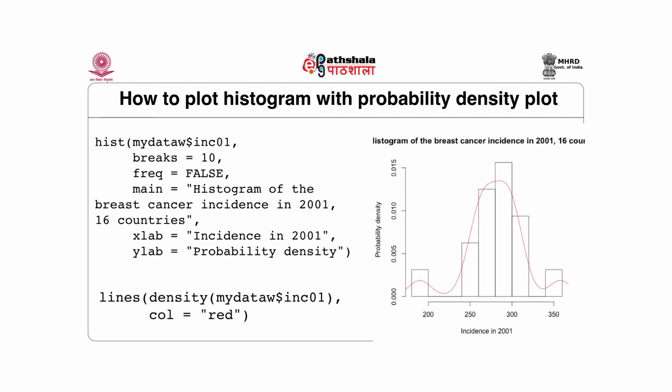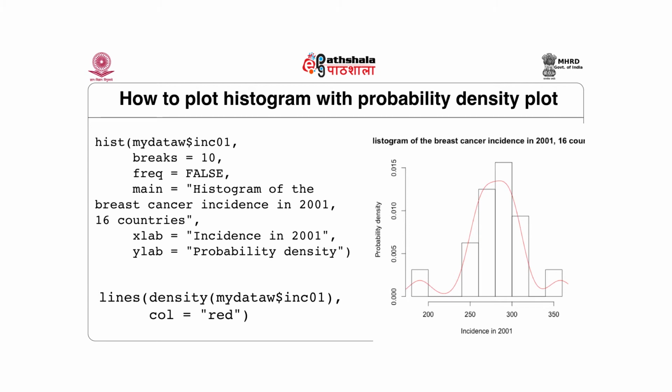The function that you should use in order to draw histograms in R is called hist, H-I-S-T. And note the biggest difference between a histogram and a bar plot. In a bar plot, you have to construct a table, or you have to give aggregate data to the program.